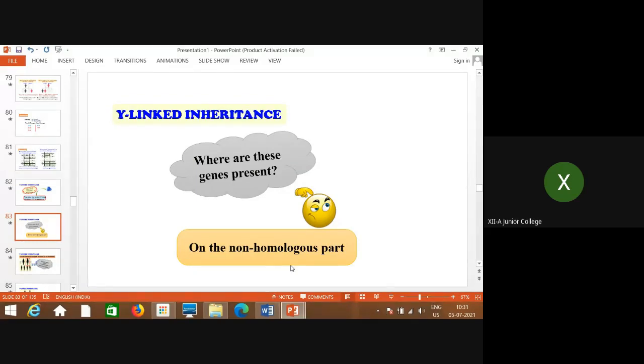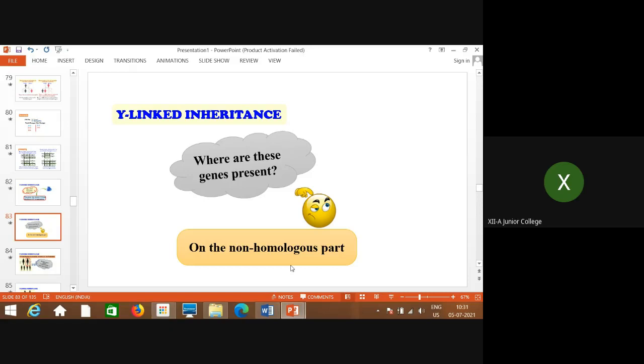So where are these genes present? On the non-homologous part of the Y chromosome. We have learned the structure, that's why I took that part first. That is the structure of the X chromosome and Y chromosome.